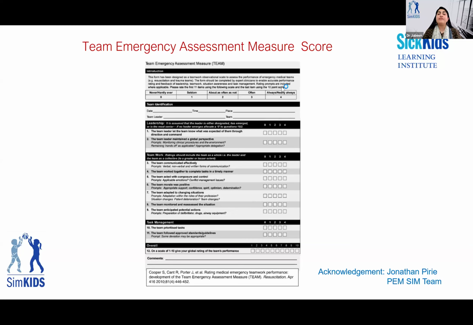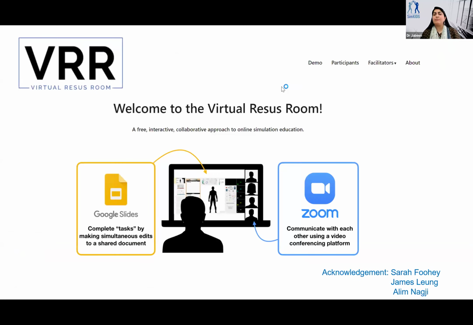Again, we have been very lucky to develop, like someone said, during COVID, as well as during opportunities where you cannot have experts in your department and you need some virtual help, in collaboration with the teams from McMaster University and Trillium Health, that is Sarah Fuhe, James Lewing, and Alim Nagji.